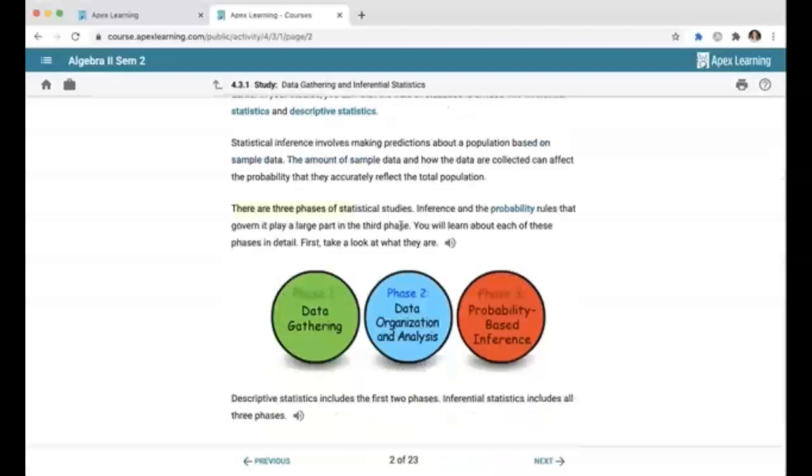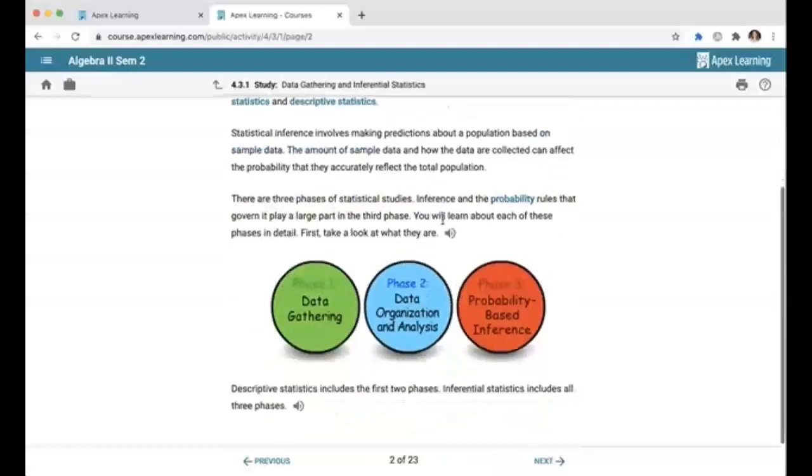And there's 3 phases when we do inferential statistics. All right, you have phase 1, which is gathering the data here. Okay, you have phase 2, which is organizing and analyzing your data. And then you have phase 3, which is probability-based inference. Okay, probability-based inference.